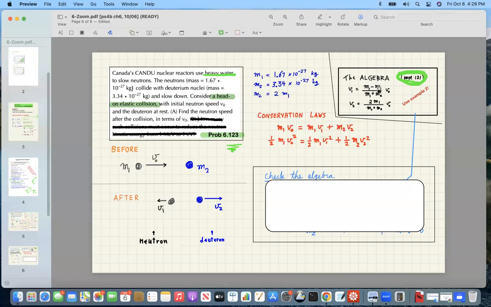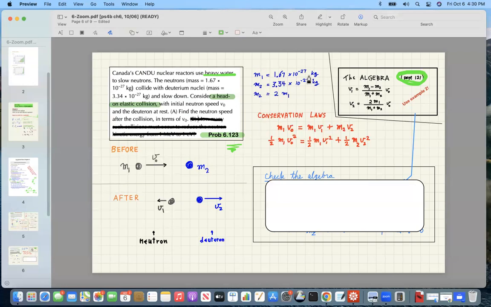You can calculate v1 and v2 using these equations, which come from conservation of momentum and energy. You assume the collision is elastic. So those equations from page 121 will tell you v1 and v2. Now, in particular, the question is, what's the neutron speed after the collision? Well, it's just v1.